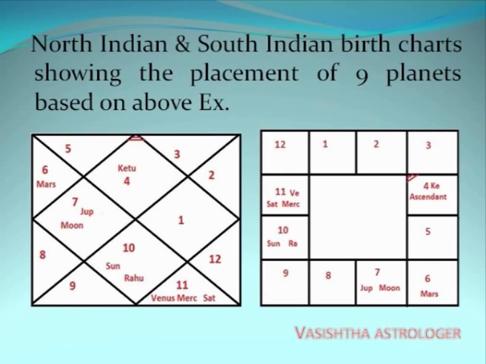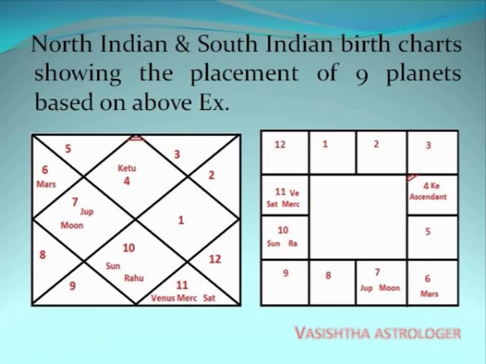Ashtam Bhav, that is 8th house, also known as Ayu Bhav, is occupied by Aquarius. 9th house, Navam Bhav or known as Bhagya Bhav or Dharm Bhav, is occupied by Pisces. 10th house, also known as Dasham Bhav or Karm Bhav, is occupied by Aries. 11th house, known as Ekadash Bhav or Labh Bhav, is occupied by Taurus. 12th house or Dwadash Bhav, popularly called Vyay Bhav, is occupied by Gemini.